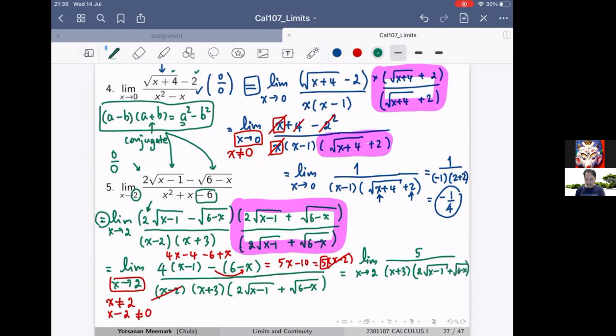Now you can just plug in. You plug in x as 2, so you have 5 over 1 plus the square root of 4, which is another 2, so you have 1/4 as the limit of these fractions. So you see how we manipulate using the conjugate and doing the factorization.